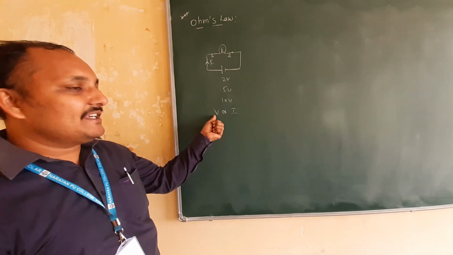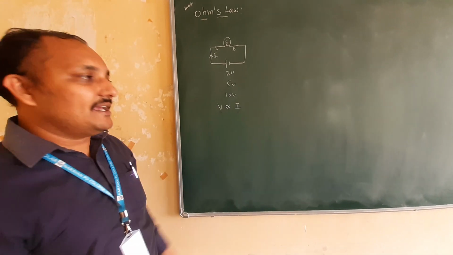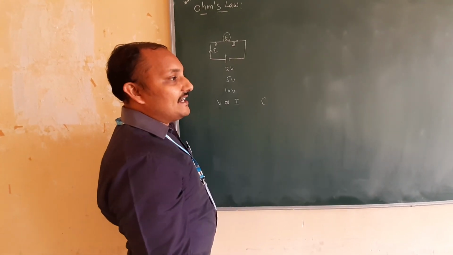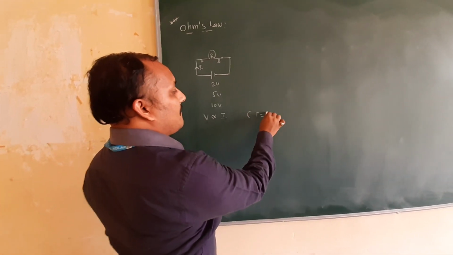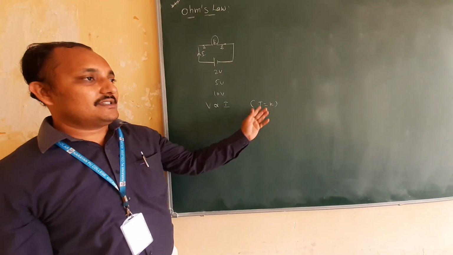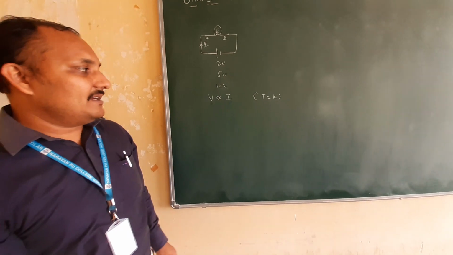But as we increase this and the current increases, the surrounding temperature and physical conditions should be constant. Why we said temperature should be constant, we will discuss in a further topic.